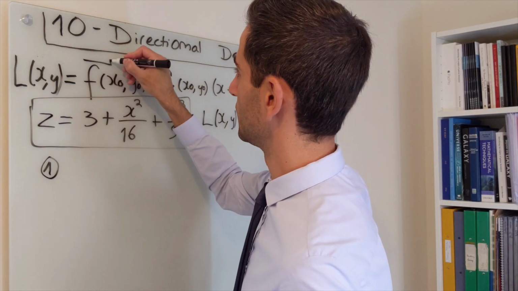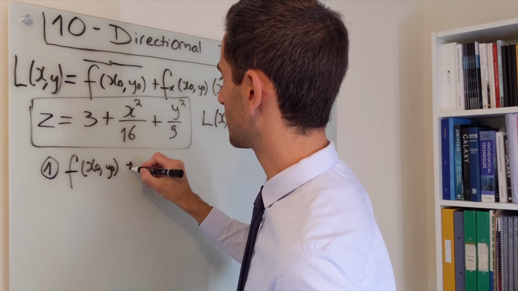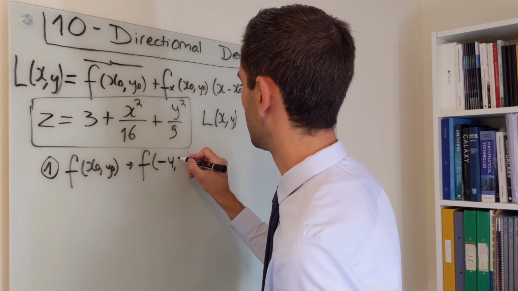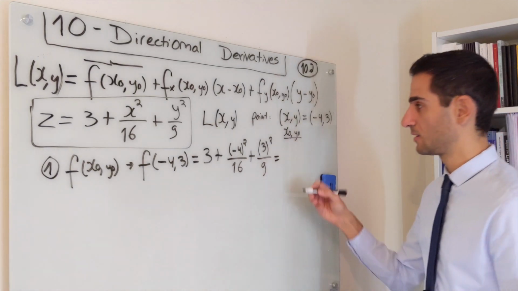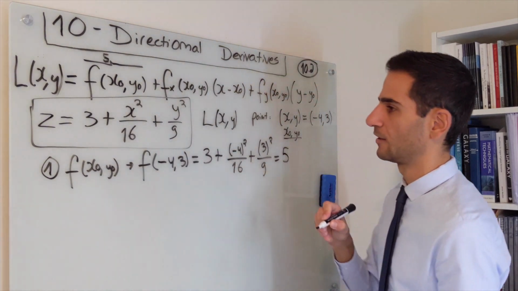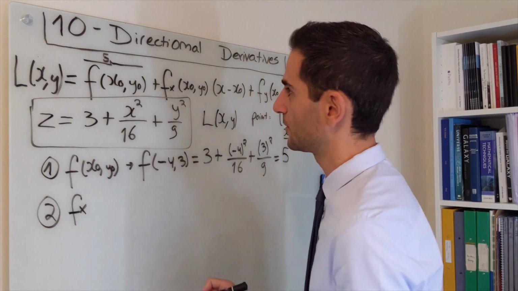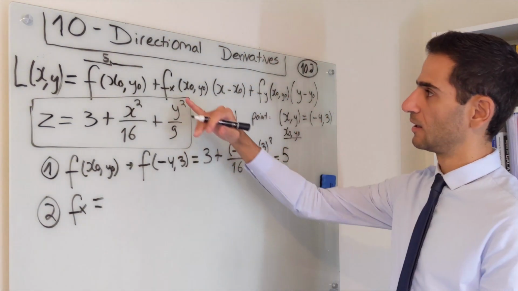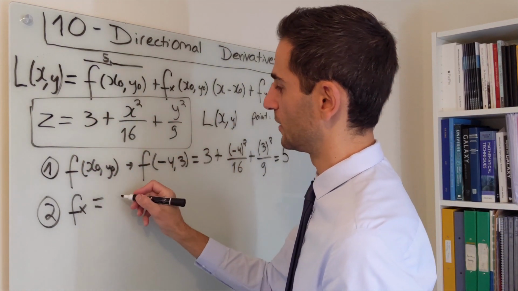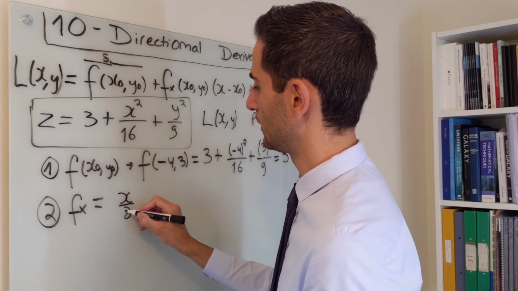The first step is we calculate the value of the function at that point. In this case, we're calculating the value of the function at -4, 3. And this is equal to 5. This is the first ingredient that we'll need. The second ingredients are all to do with calculating the partial derivatives. In this case, for fx, this is a constant you don't care about. Same thing here, and it just becomes 2, which you can divide, and you can write it as x over 8.